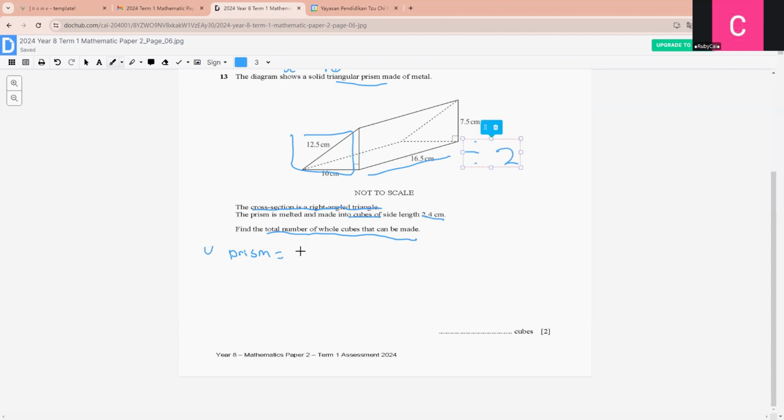So it will be 7.5 multiplied by 10 multiplied by 16.5 divided by 2. And that will give us 618.75 cm cubed.